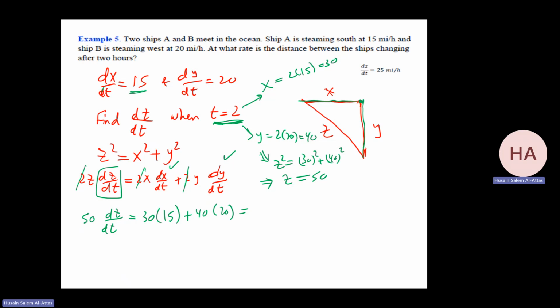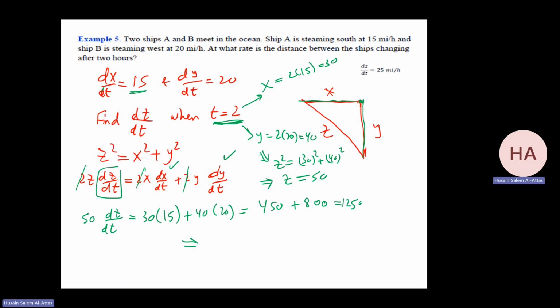So that gives me 30 times 15, 450, plus here I have 800. So this is 1,250.